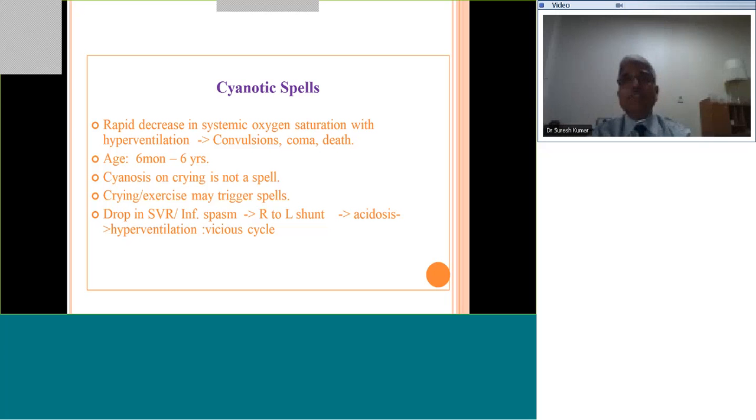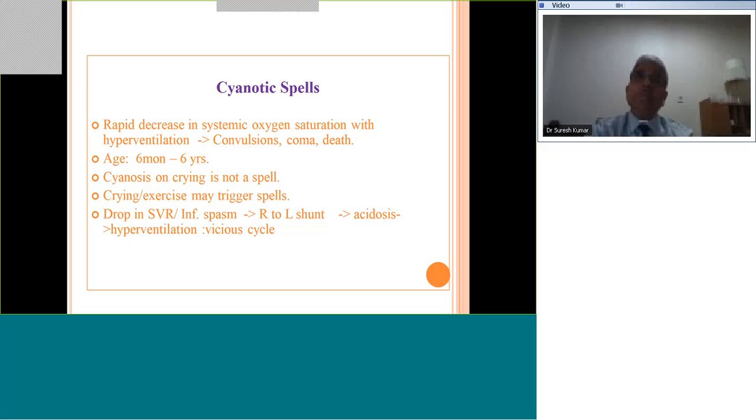And because of the right to left shunt, the arterial pH is dropping, and this acidosis further triggers the hyperventilation. The hypoxia and the drop in pH both would stimulate the respiratory center into hyperventilation. Normally, when a baby is hyperventilating, there is an increase in the pulmonary blood flow, so it results in increased oxygen delivery.